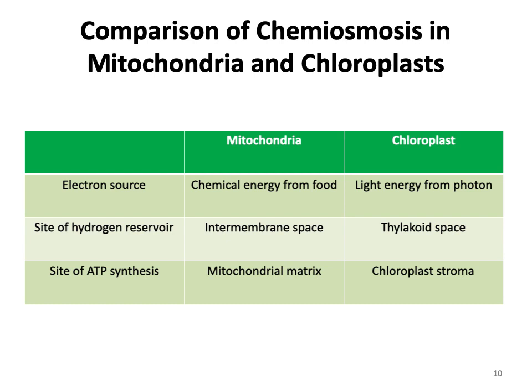Chemiosmosis also differs between these two organelles in the site of the H+ ion reservoir. In mitochondria, H+ ions are pumped to the intermembrane space and will drive ATP synthesis as they diffuse back into the matrix. And in chloroplasts, H+ ions are pumped into the thylakoid space and drive ATP synthesis as they diffuse back into the stroma.